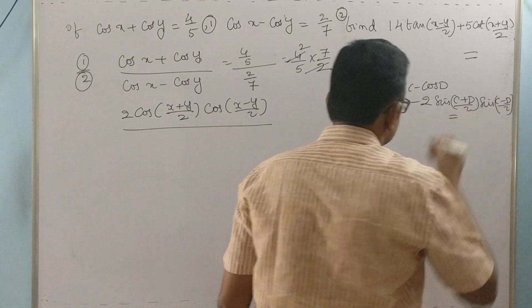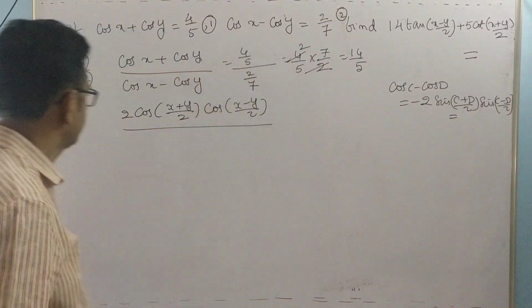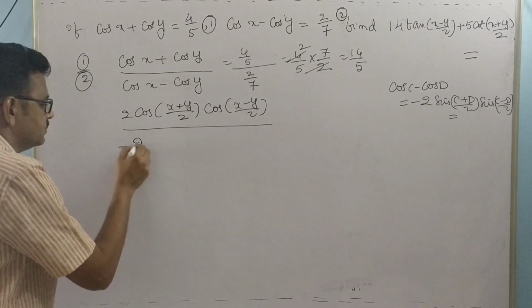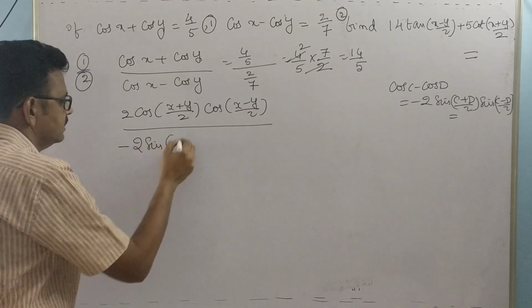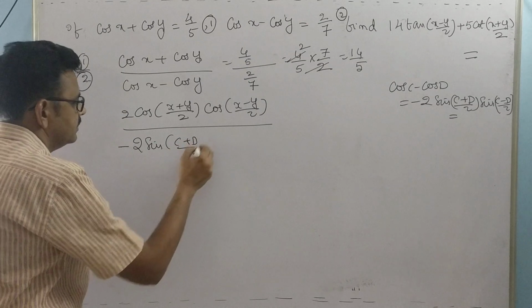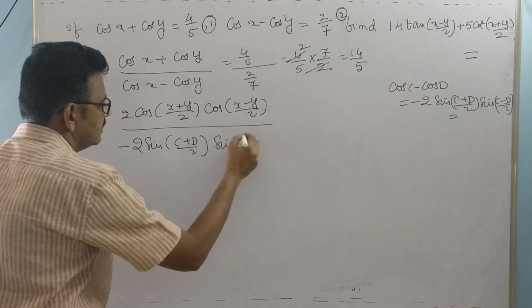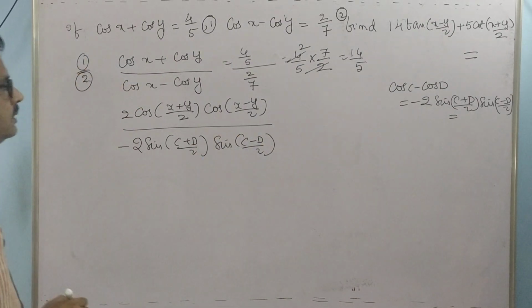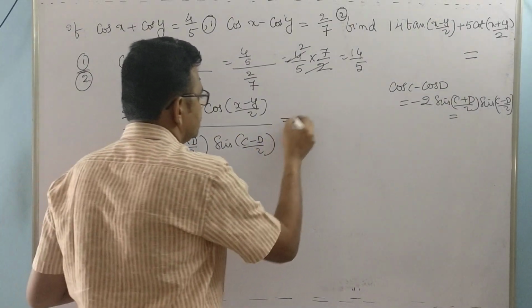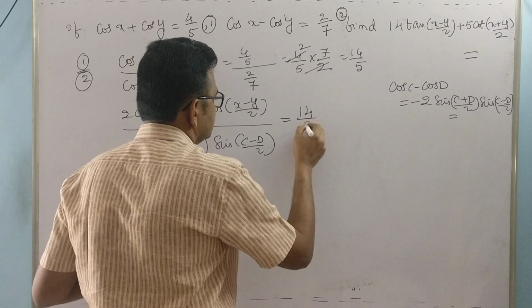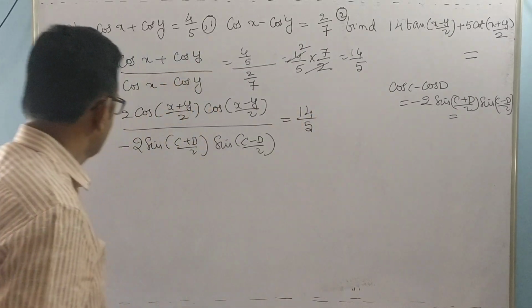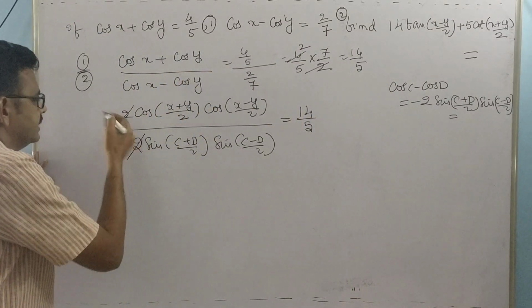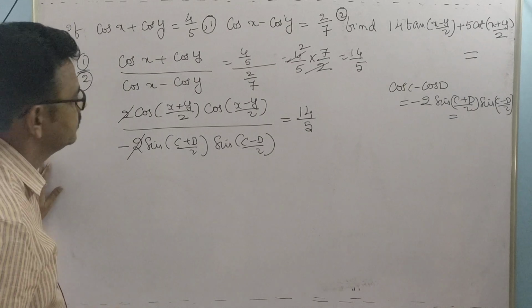So these are the formulas. Minus 2 sin (C plus D) by 2 into sin of (C minus D) by 2 is equal to 14 by 5. There the 2 gets cancelled.